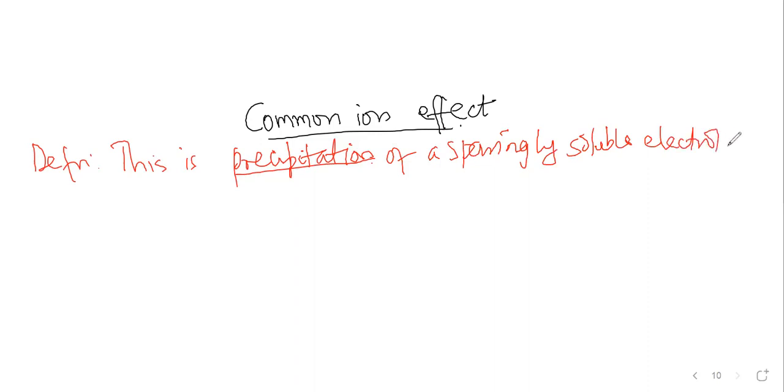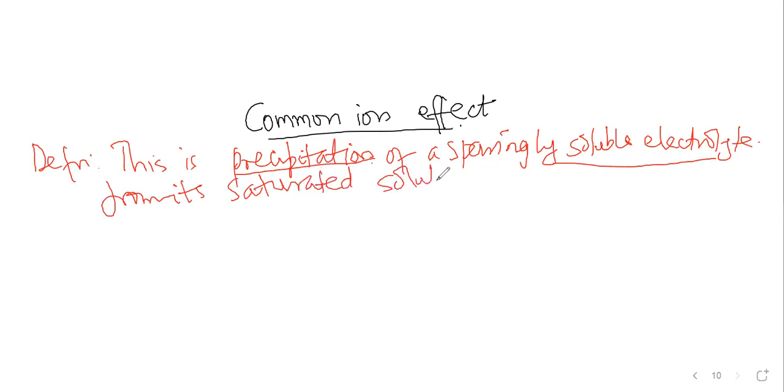or compound. I told you the word electrolyte or compound is better than salt, because not all sparingly soluble compounds are salts. Precipitation of a sparingly soluble electrolyte from its saturated solution, the solution must be saturated from which that electrolyte is being precipitated. How is it precipitated?